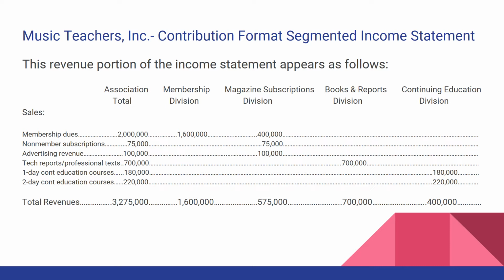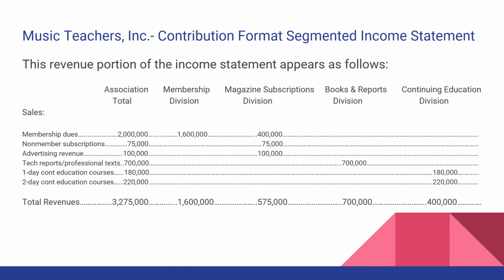So that's going to give us $1.6 million. That's the figure we have under the membership division. And then the $20 that's remaining out of the $100 membership due, we're going to multiply that by the 20,000 members, and that's how we're getting the $400,000 that's under the magazine and subscriptions division.